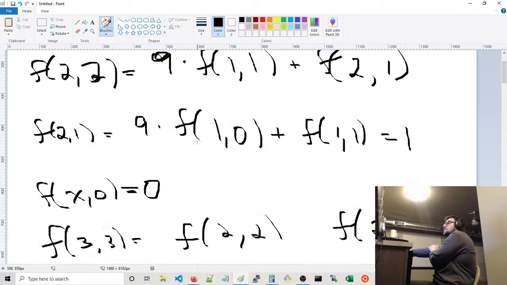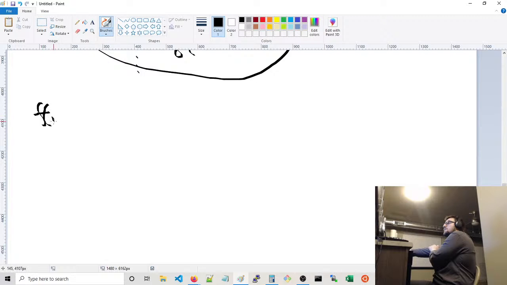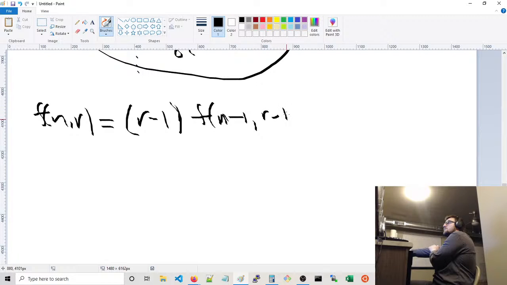This f of n, r being r minus 1, f of n minus 1, r minus 1, plus, there's always that one character that's f of one less decision to make, but r doesn't change.